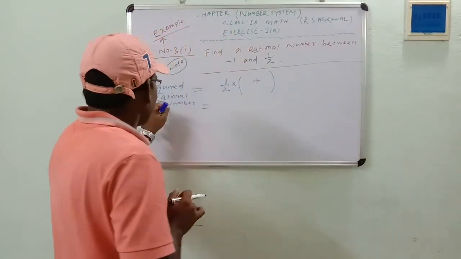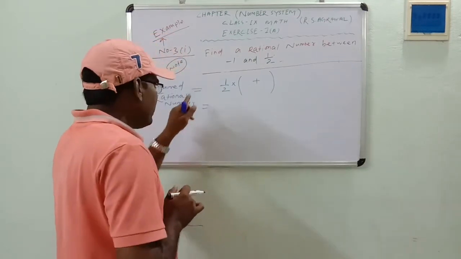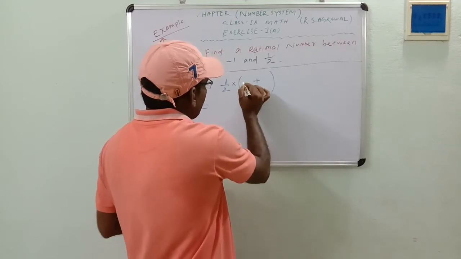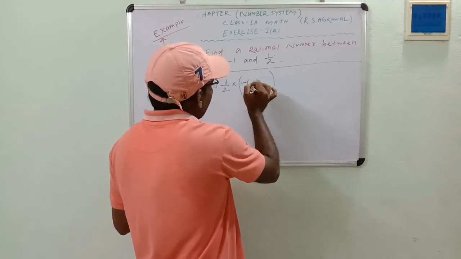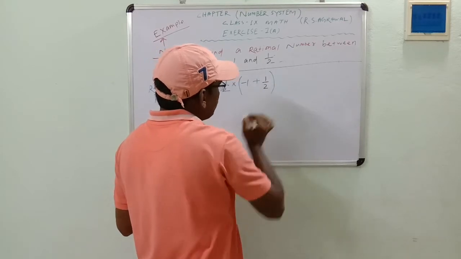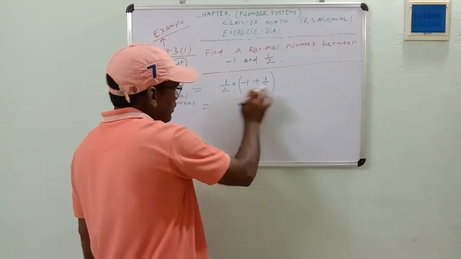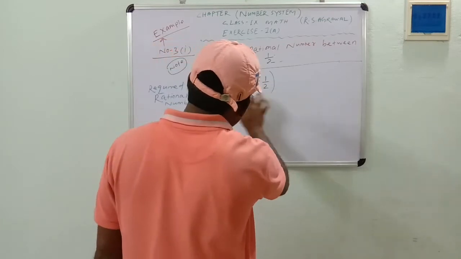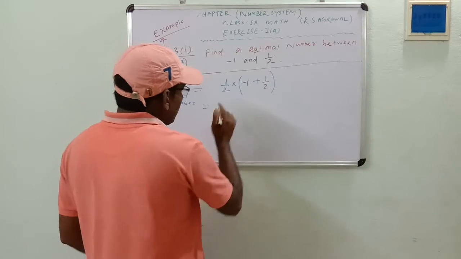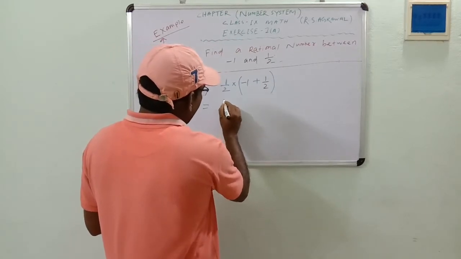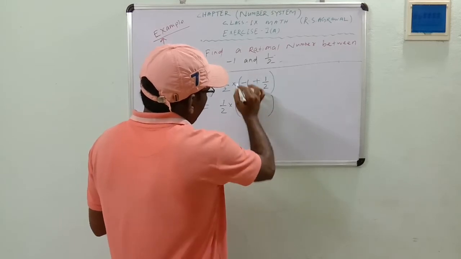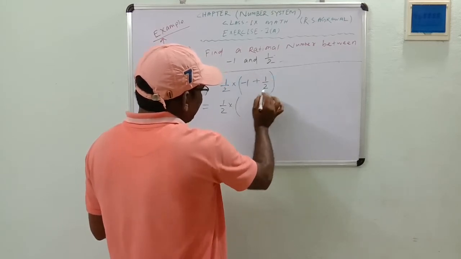So your required rational number equals 1 by 2 into, put -1 in place of a, and in place of b put 1 by 2. I am using the same formula. Now 1 by 2 into, first take the LCM of the denominators.